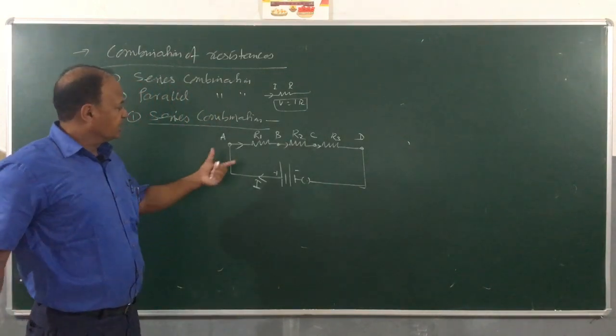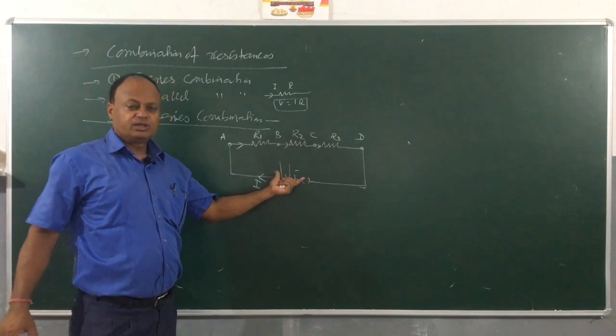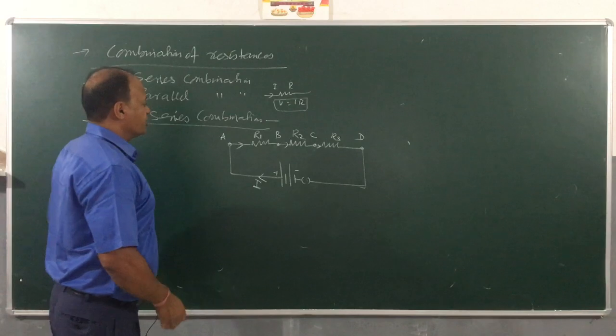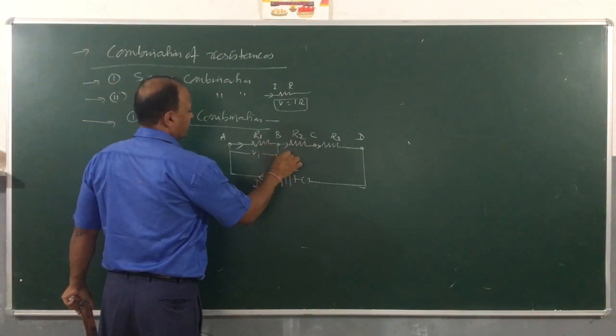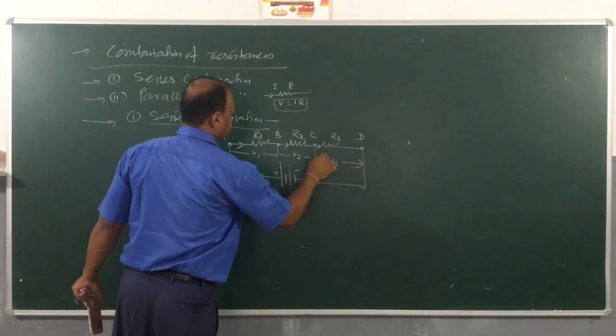So you can see that potential difference across each resistance will be different, because the values of resistances are different. So we will assume that potential difference here is V1, here is V2, and here it is V3.